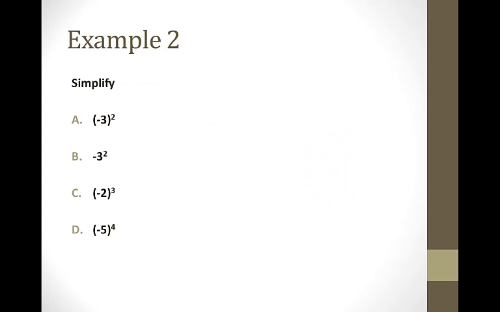So we don't want to get confused when we have negatives in here. So negative 3 squared, we're squaring a negative 3. So this is the same thing as saying negative 3 times negative 3, which is 9. So negative 3 squared is 9.